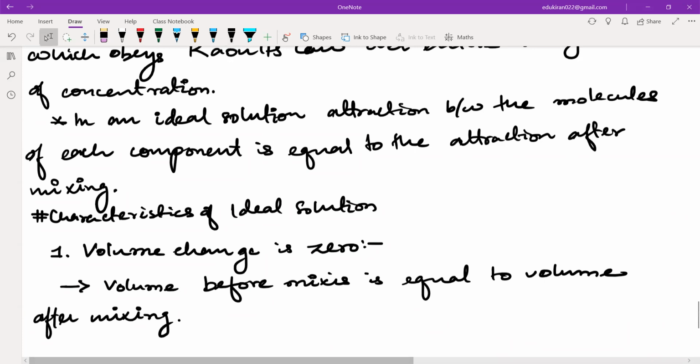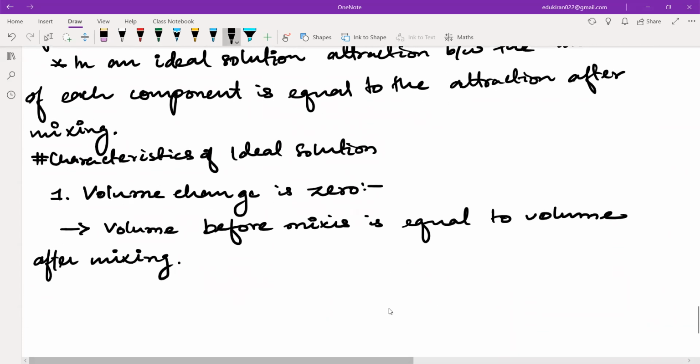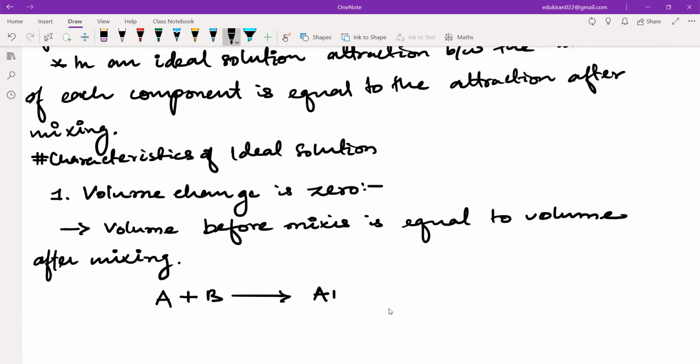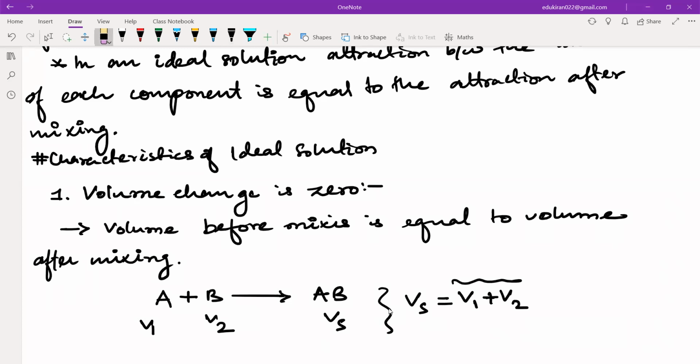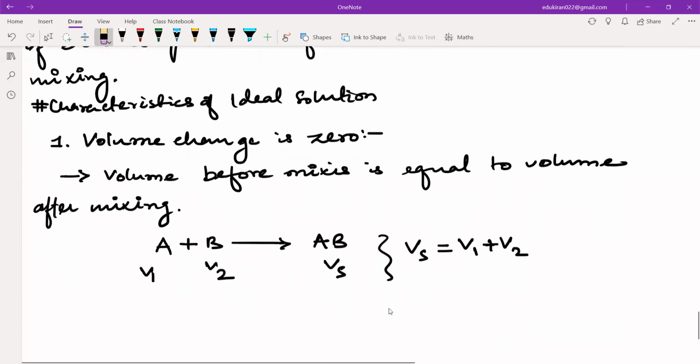You can also write it like this: you are mixing A plus B, and it is giving you AB, with V1 and V2 here and V solution. If it is obeying Raoult's law, V solution will be equal to V1 plus V2. This is before mixing, and this is after mixing. So volume change is zero.